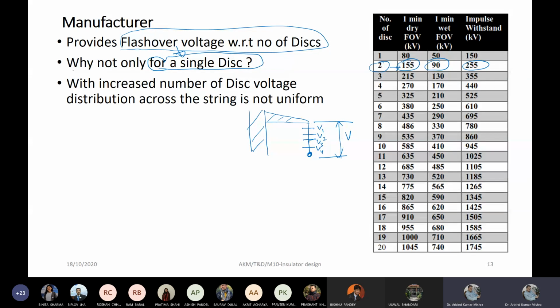But this does not happen. What happens is that the voltage on the lower string is higher than above, and so on.